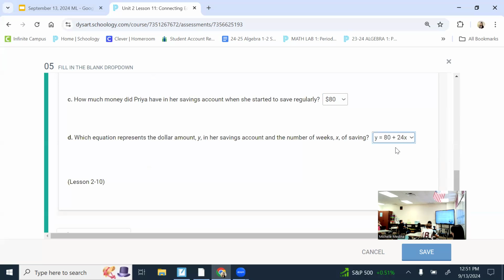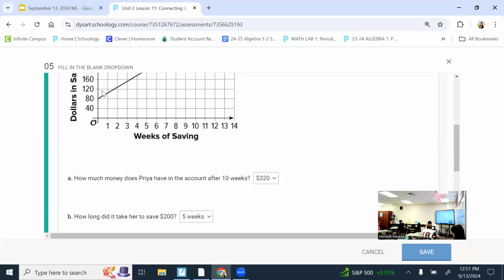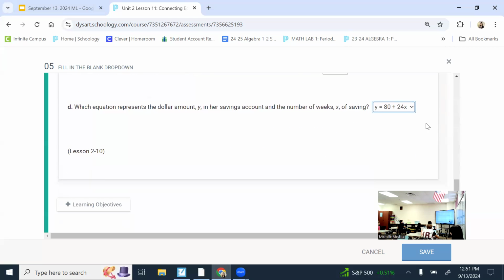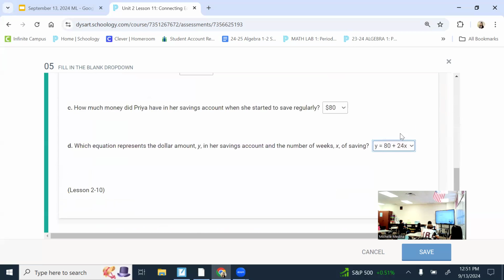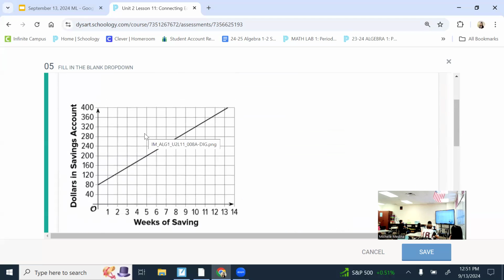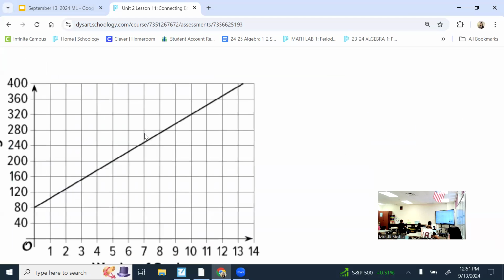Good. So I think when you have the graph given to you, I think the y-intercept is definitely the easiest to see. So when there's only two options and they have different y-intercepts, I think that's the best way to pick your right answer. But you can also see like the 24 is the slope. If you happen to find two spots that line up really nicely.